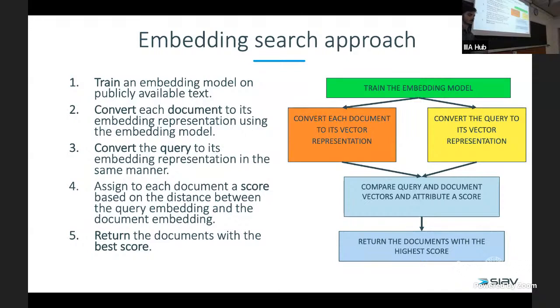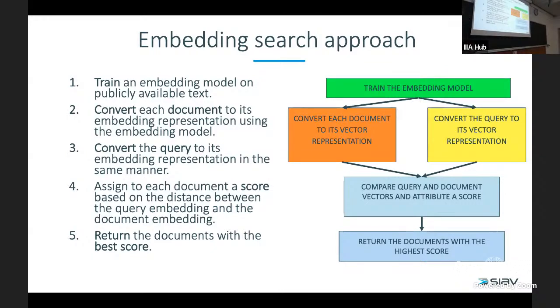This is a common option because training them can often be quite expensive in computational cost. The second step consists in converting each of the documents that you are going to search in into their embedding representation using this given embedding model. And we do the same thing with the query vector.